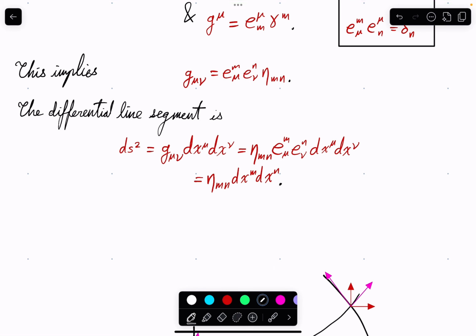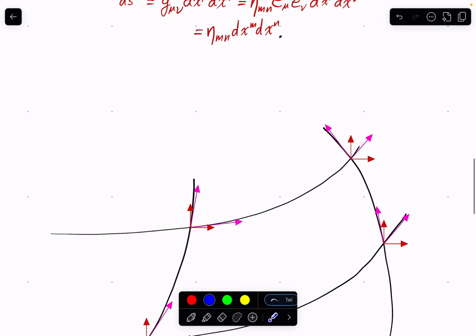So you can see how, when you're looking at a general line segment in the coordinates of the GA, you can actually just turn it into looking at the line segments in the tetrad frame, or the tetrad basis.